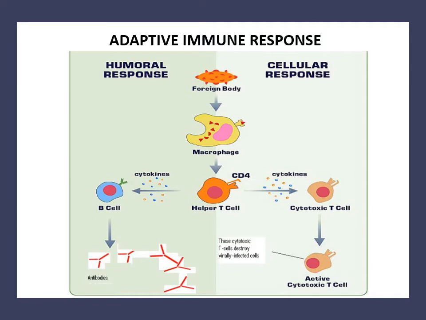Okay, so here's a nice image of the adaptive immune system. On your left, you have your humoral response. Those are the B cells that make antibodies that go throughout the bloodstream to a particular infection, right?